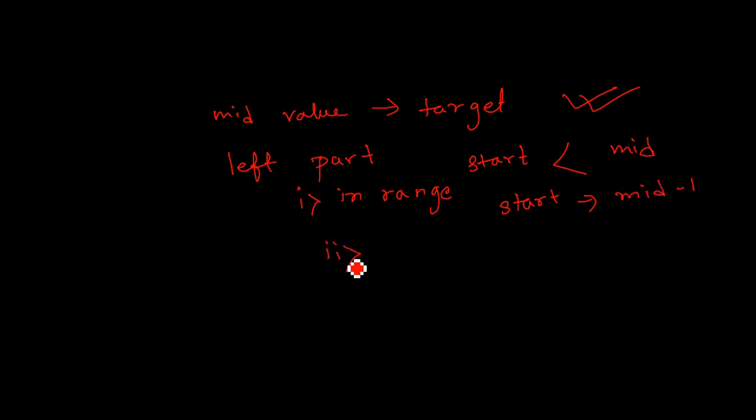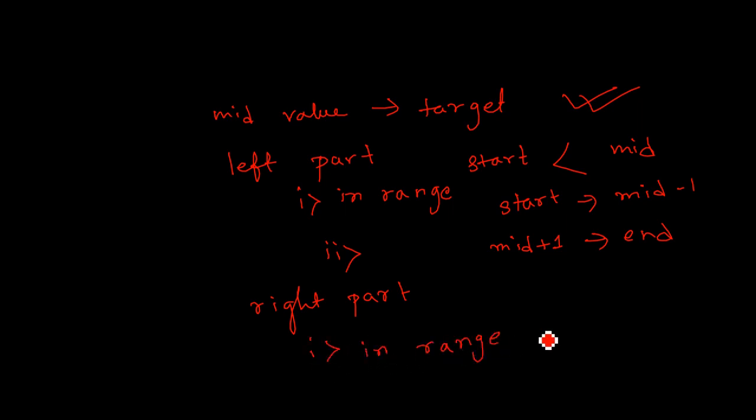If the left part is sorted but our target is not in the left range, then obviously it's either in the right part or not present. So our range will be mid plus 1 to end. And if the right part is sorted, the same way, the first condition, if in range, then our search space will be mid plus 1 to end.